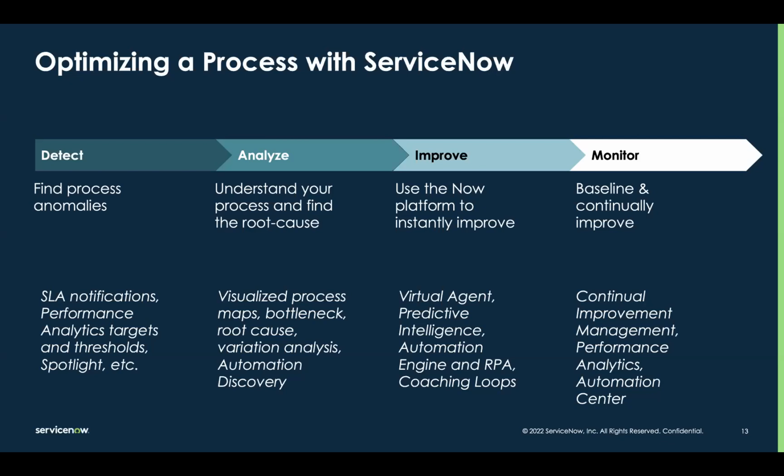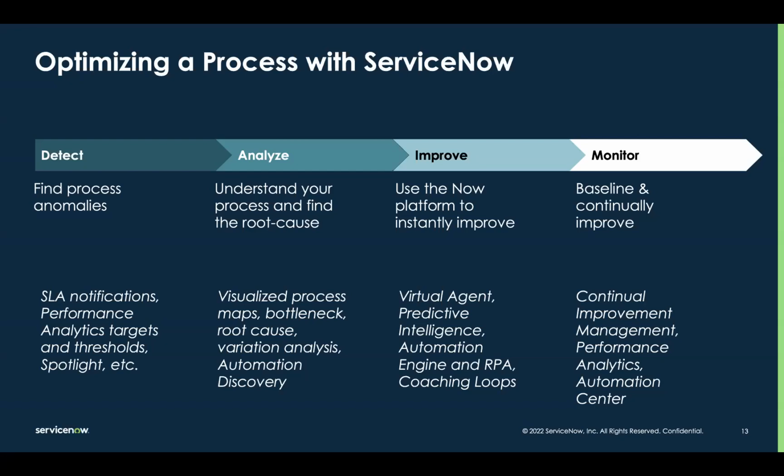And then when that happens, you need to move to the analyze stage, which is where process optimization really dominates, with things like visualized process maps, bottleneck, root cause, variation analysis, as well as a pre-built connection with a machine learning solution on the platform called automation discovery.